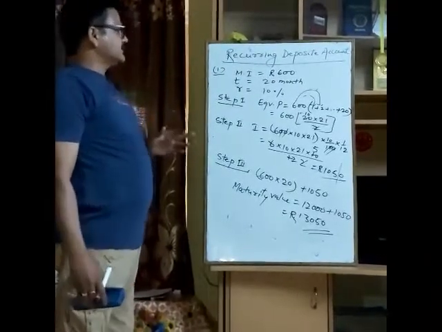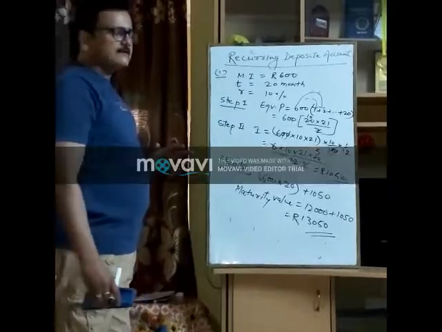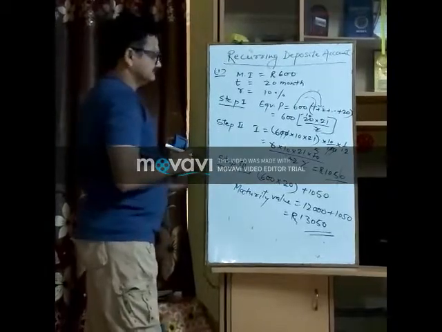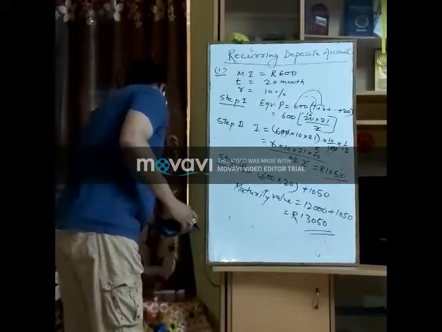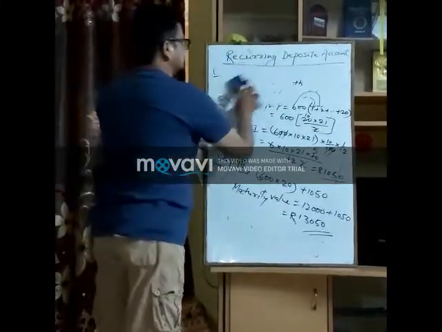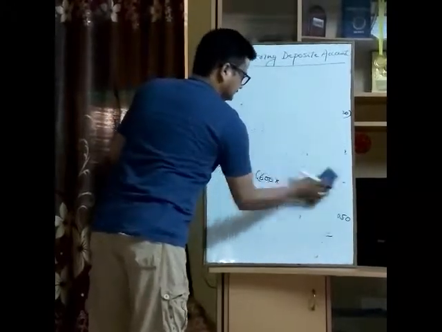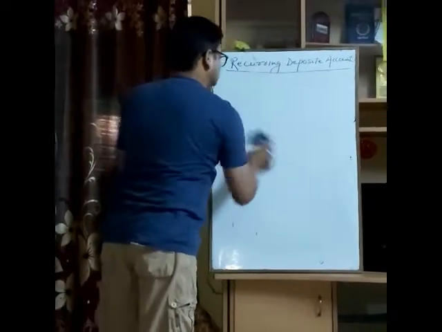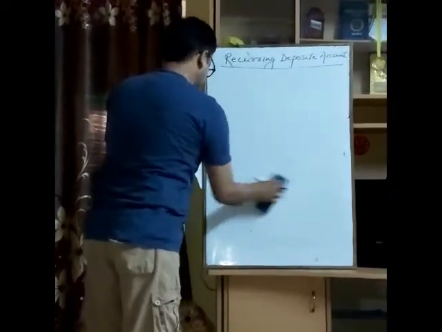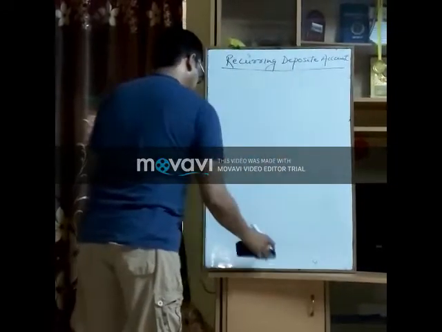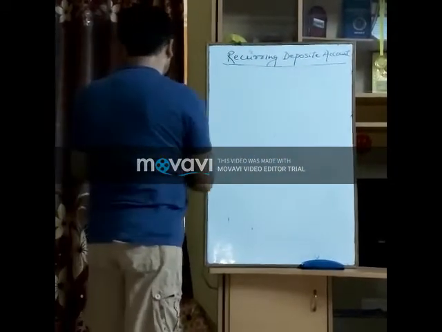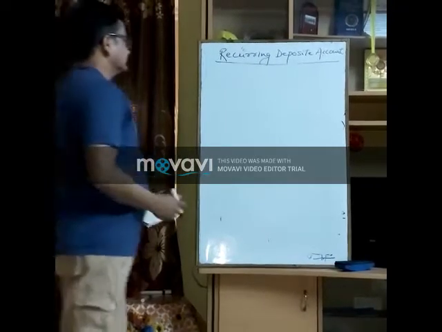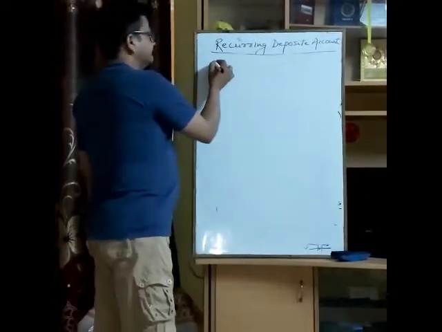Let us take another sum for finding rate of interest. Month, type 3.